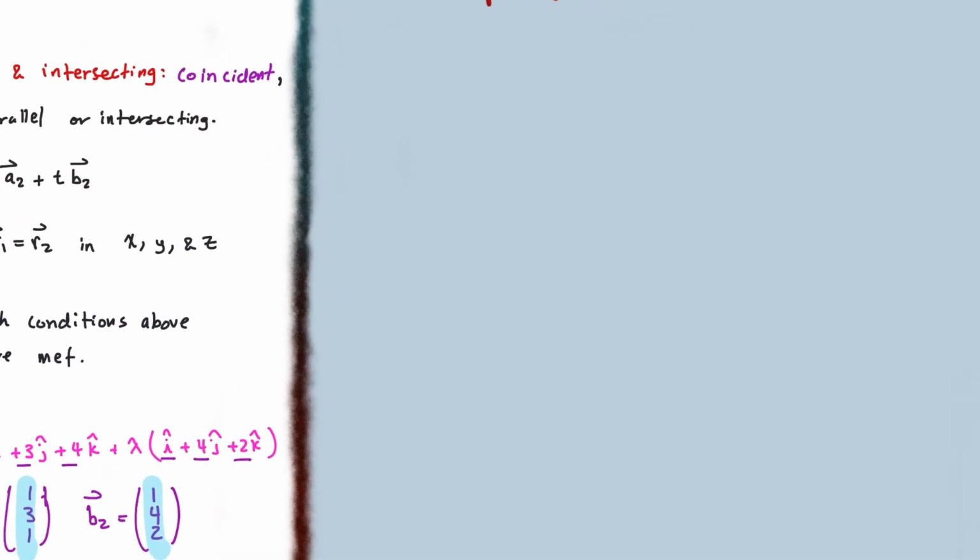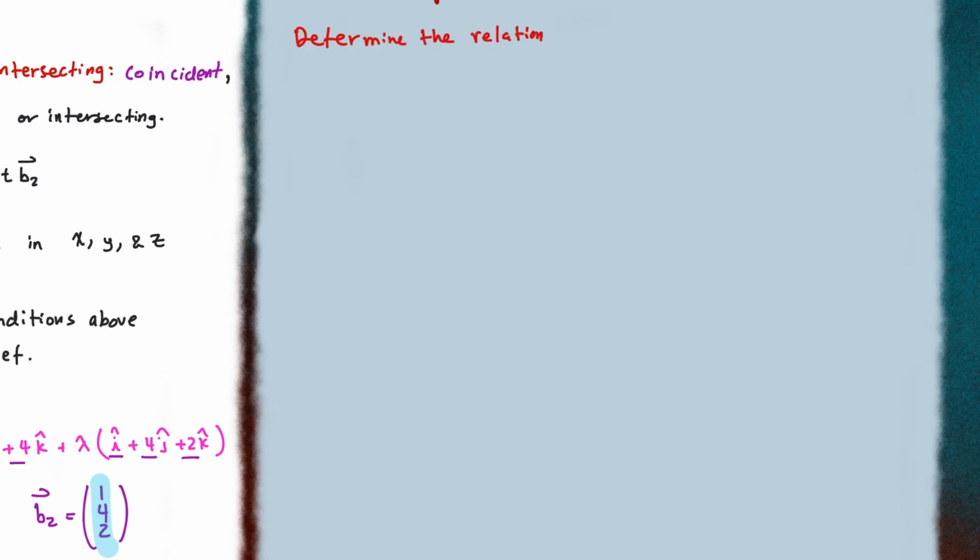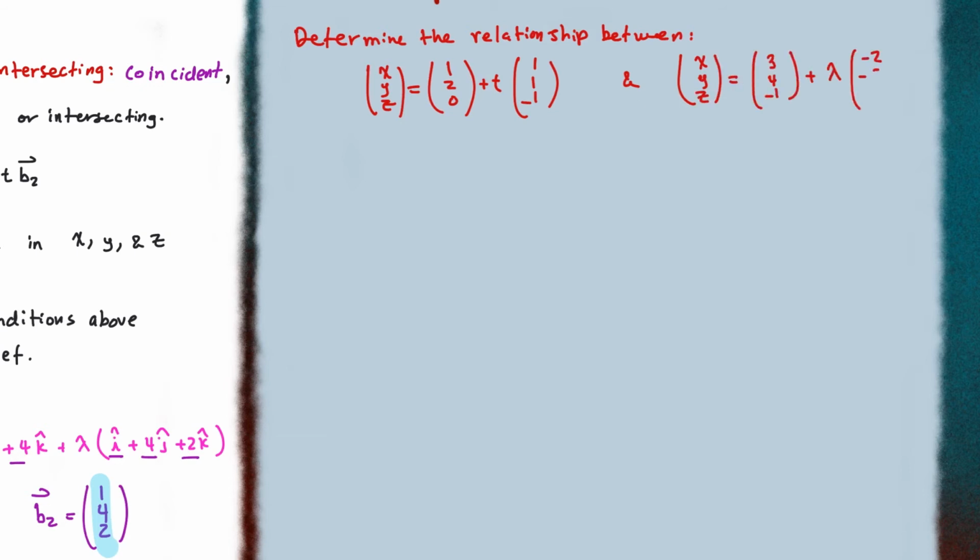In this example, very similar to the last example, we are going to determine the relationship between the two lines that are given. The first step that I always use is to check to see if the two lines are parallel, and I am going to take the direction vector of both of these. In this case, B1 is 1, 1, negative 1, and B2's components are negative 2, negative 2, and 2.